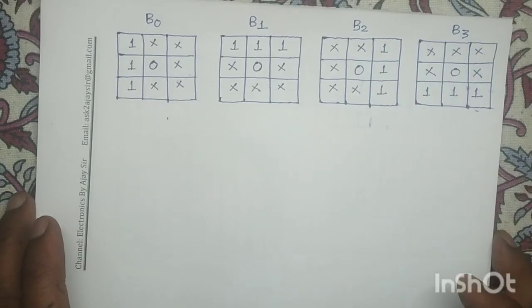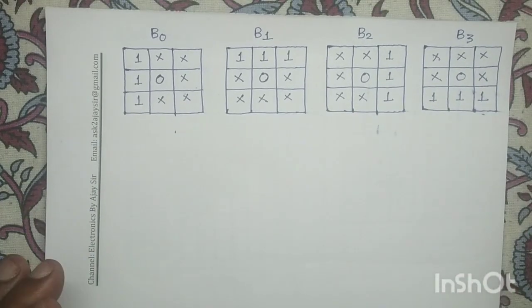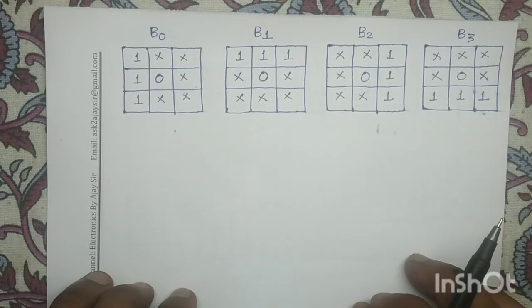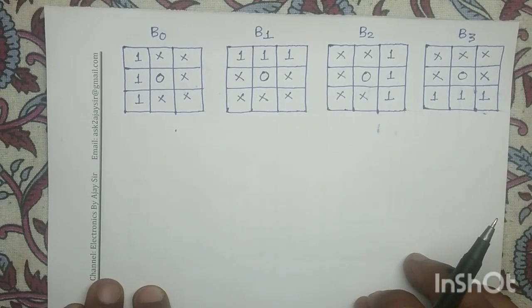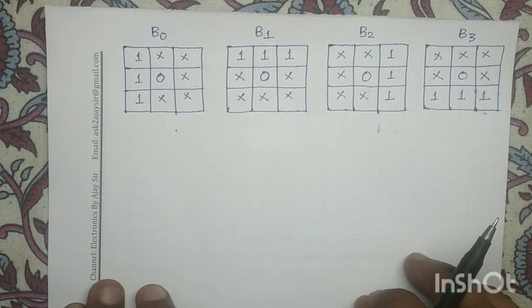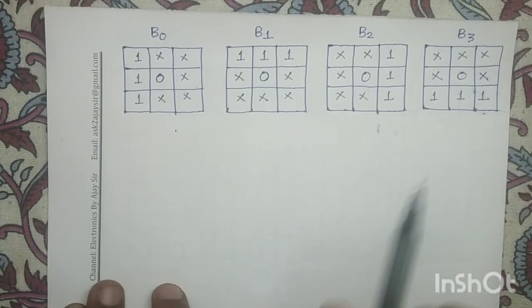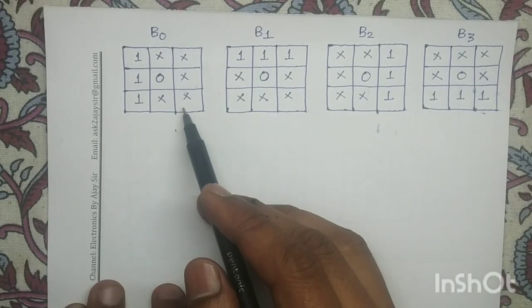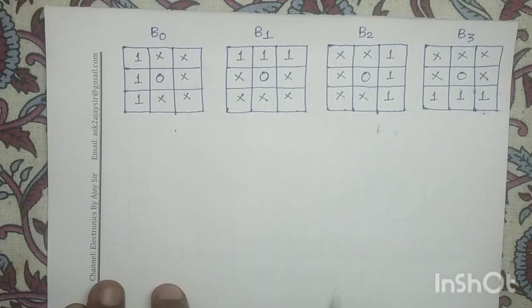In order to determine the convex hull for a given object set S, we have to perform some iterative operation with these structuring elements B0, B1, B2 and B3.